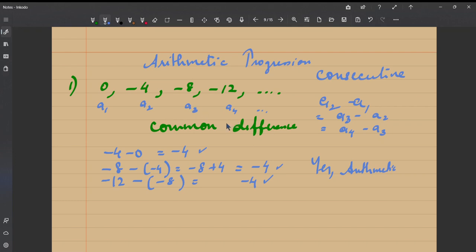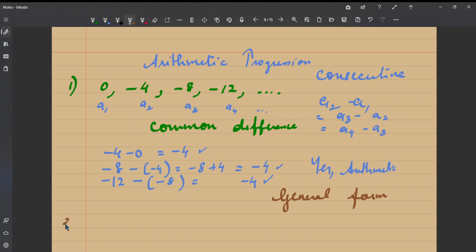Of course, sometimes it becomes impossible to check every consecutive term, especially when the list of numbers given to us is very long. That is why we start coining the general form by recognizing the pattern. If we are able to write the general form of the sequence, then we can safely conclude that it's an arithmetic progression. Anyway, we'll see that in our upcoming videos.